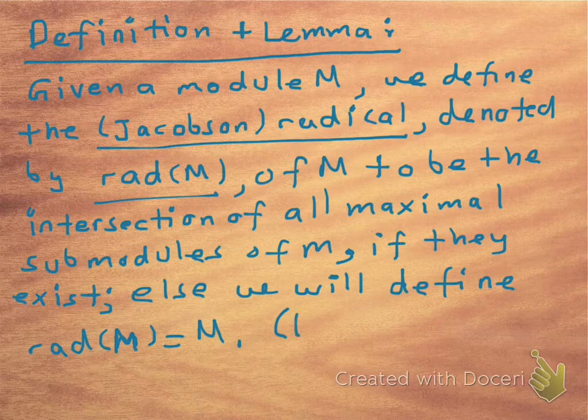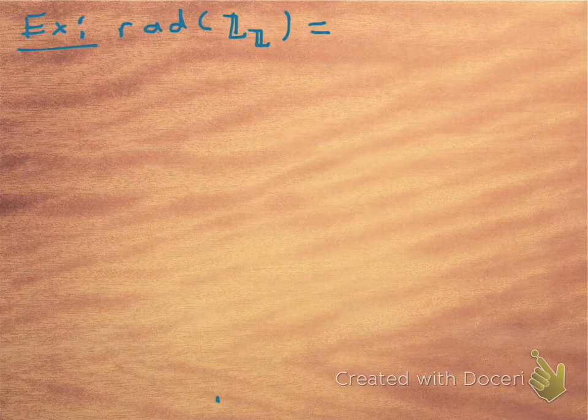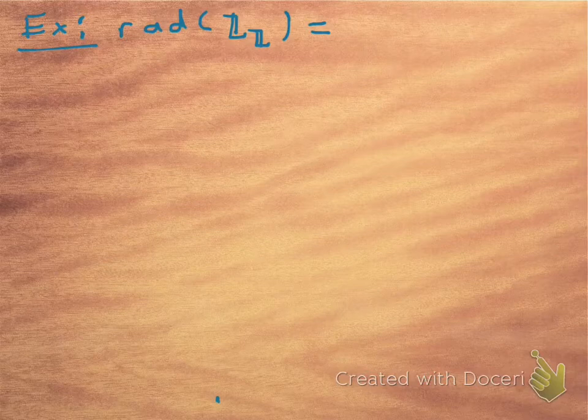Remember, a good example is always the rationals. So the radical of Q is vacuously equal to Q itself because it doesn't have any maximal submodules. Or Q as a group doesn't have any maximal subgroups. Let's give another example for a change.